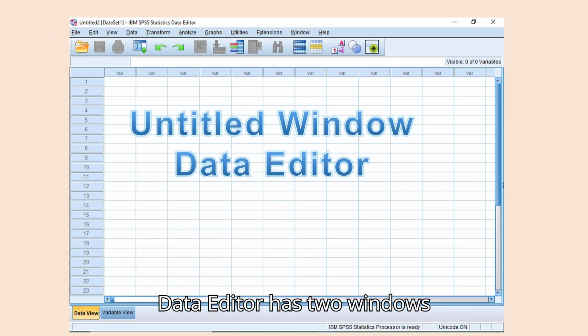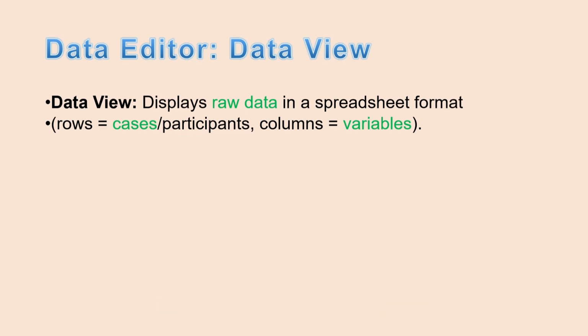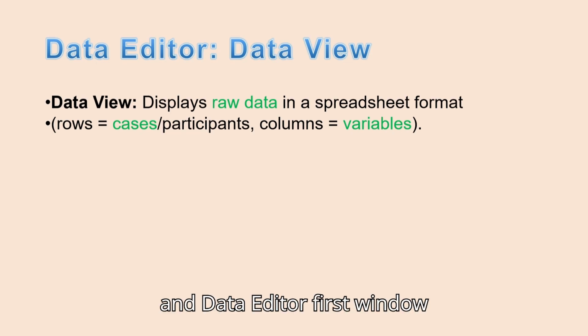The data editor has two windows. The untitled data editor's first window is data view. Data view displays raw data in a spreadsheet format.